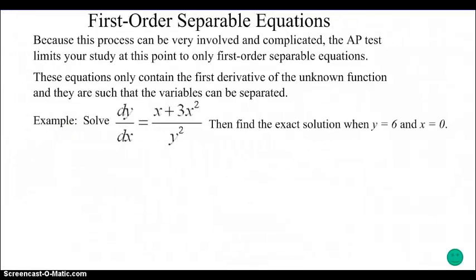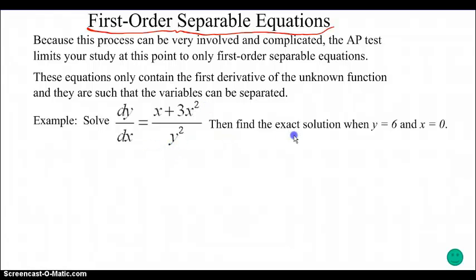And so let's do another example here. First of all, the really good thing for us is that for the AP test, we are only going to concern ourselves with what are called first order separable equations.